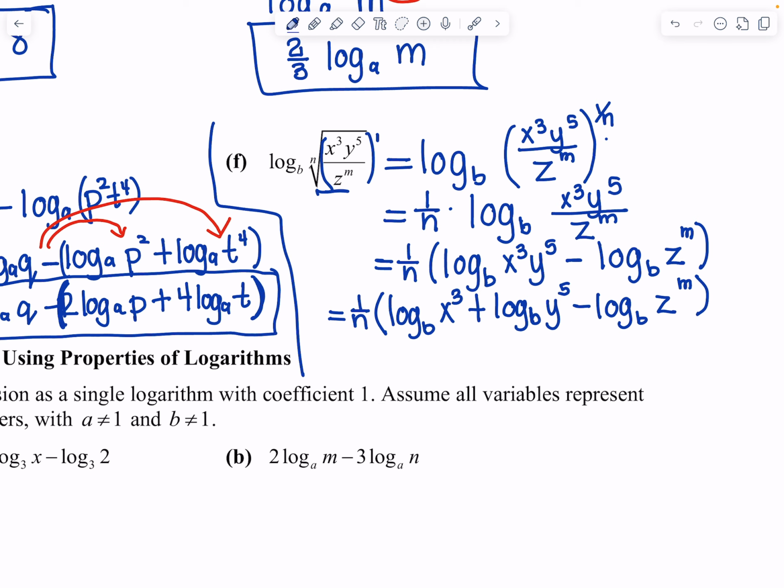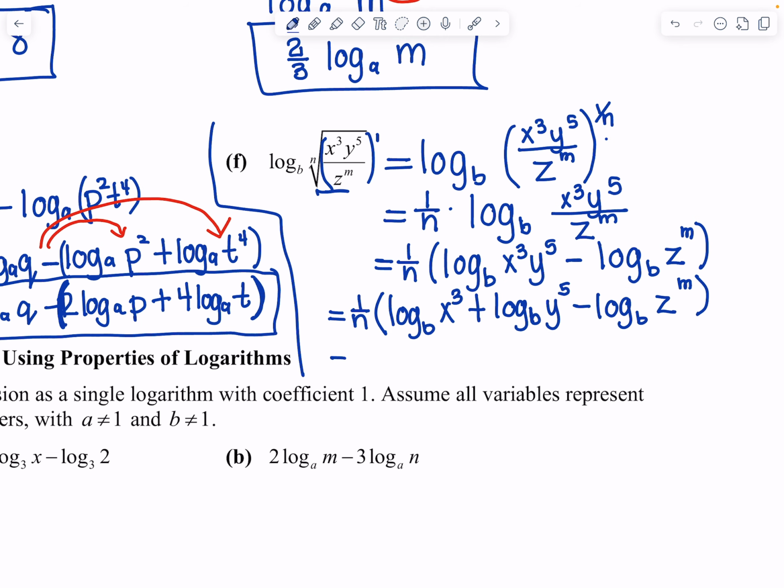So you should see one more rule: power. You couldn't get to the power just yet on the previous step. You had to break this down and separate them, because they have to be in each term in order for you to get rid of the power. This has power rule. That power goes in the front here, this power goes in the front here, and this power goes in the front here.